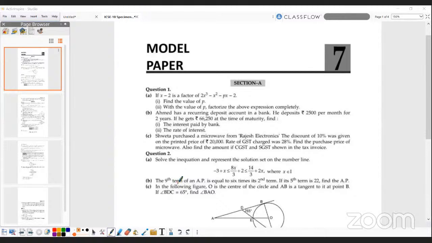You have to use the factor theorem in this question to get the value of p, right?